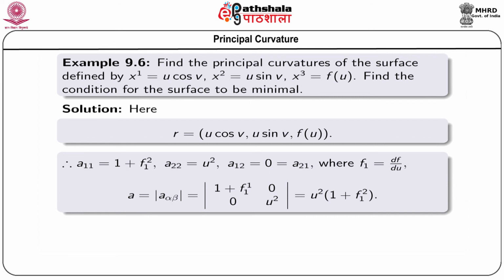So, a11 is equal to 1 plus f1 square, a22 is u square, and a12 equals 0.